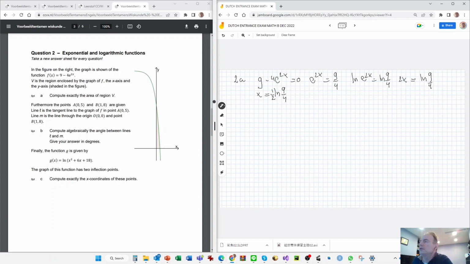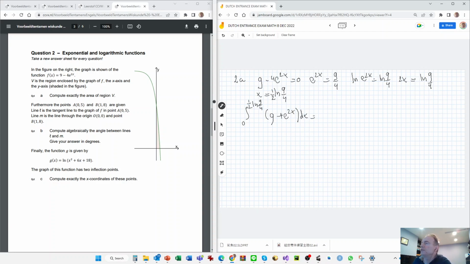So now we integrate from 0 to 1/2 log 9 over 4 of 9 minus 4e to the power 2x dx, and find the primitive.